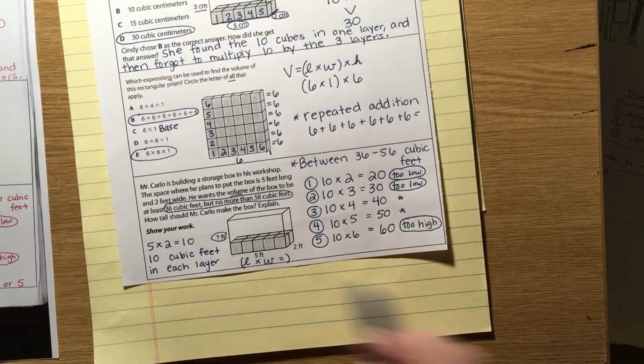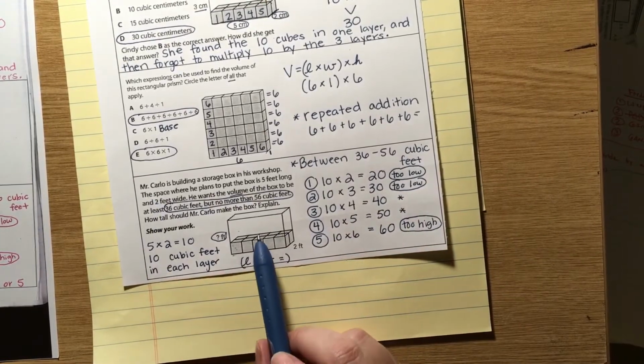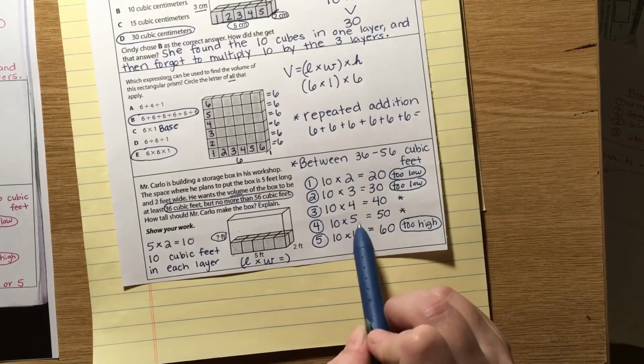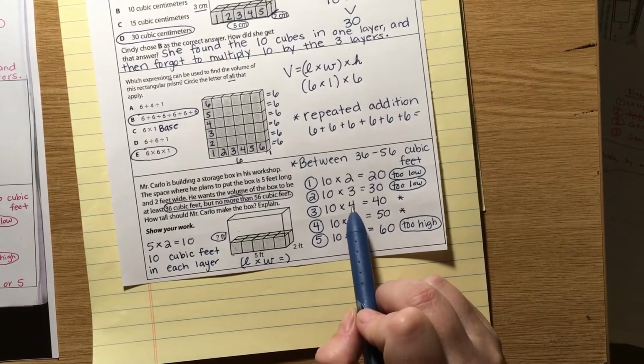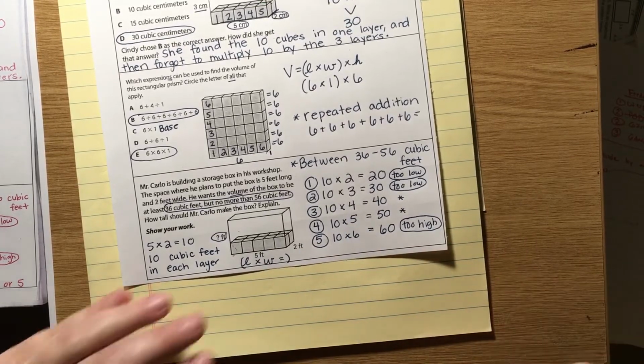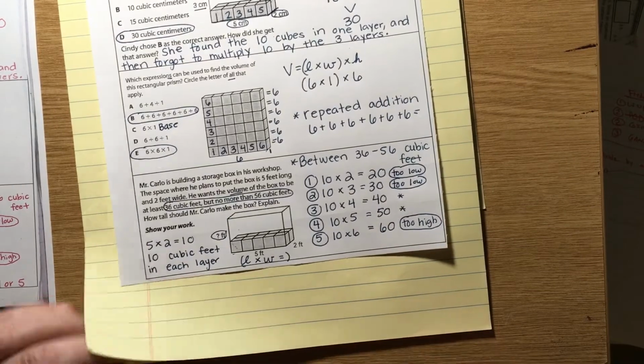So this tells me that Mr. Carlo could make a box that has 4 layers or 5 layers. And in this case, those layers are feet. So he could use 4 feet or he could use 5 feet. So I'm running out of room, but I'm going to make it work on here.